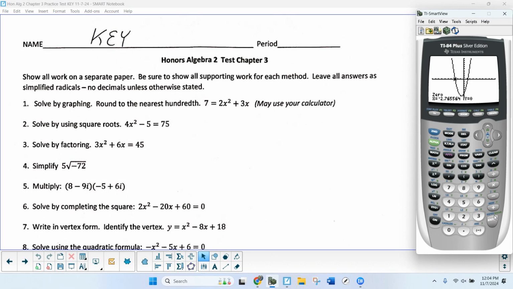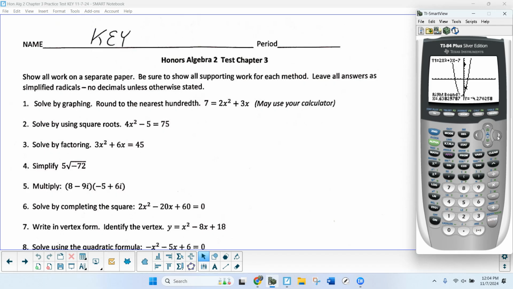And what'd you get? Negative 2.77, 0. It says round to the nearest 100th. How many decimal places is 100? 2. Okay, and then how'd you do the second one? How'd you get over to the second one? I'd go second calc, 0, and then I have to come somewhere to the left of this one.